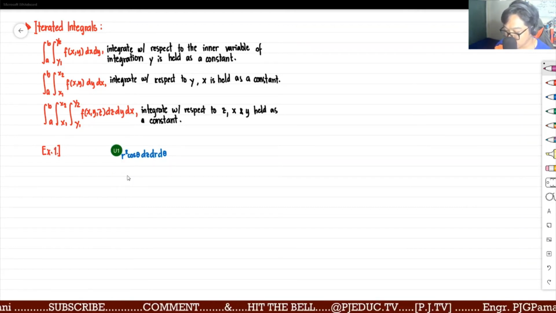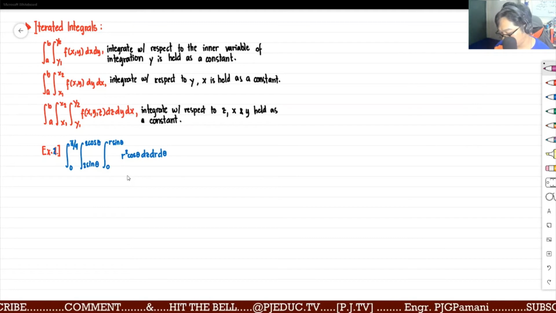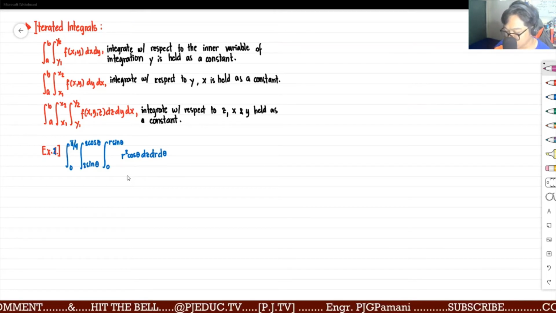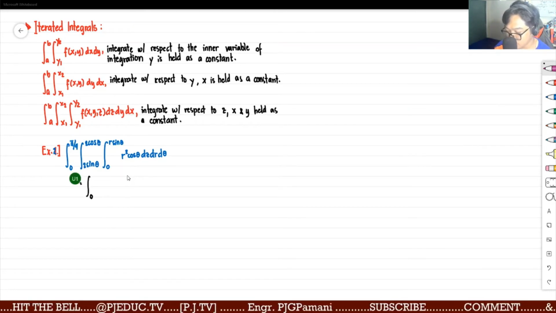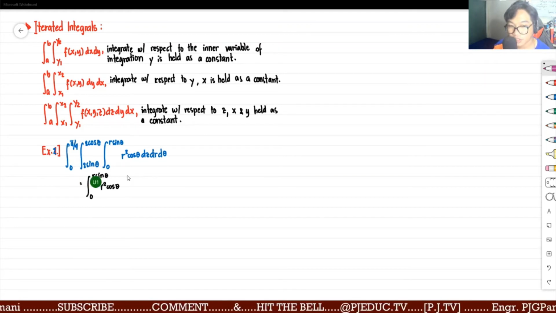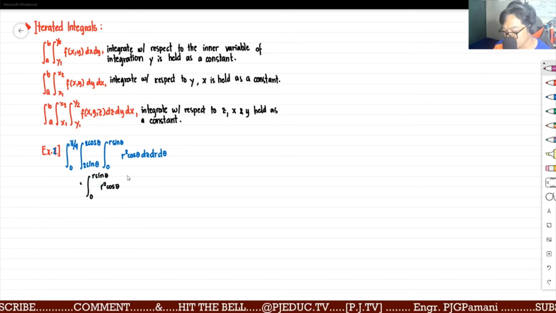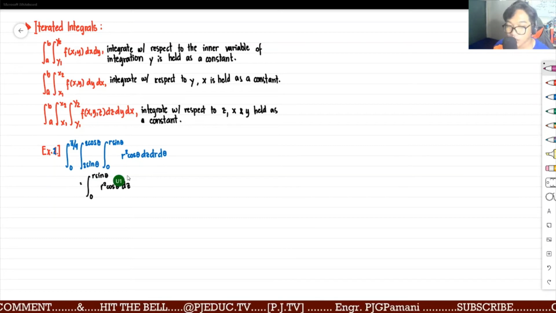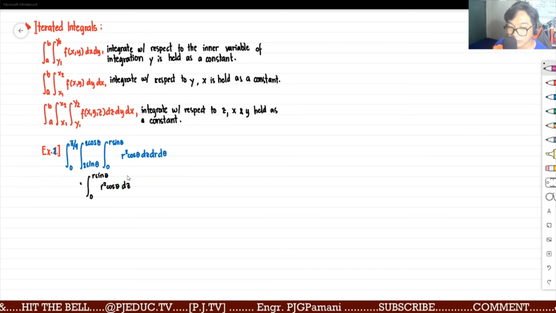So kunin muna natin yung first integral form, that is with respect to 0 to r sine theta. Tapos ang integrand natin is r squared cosine theta. Then the first variable we need to consider is the differential of variable z.